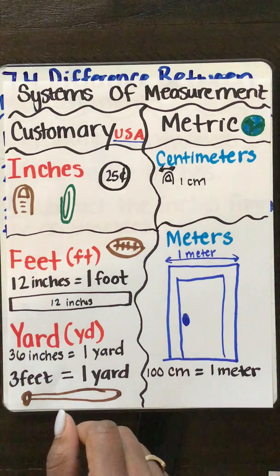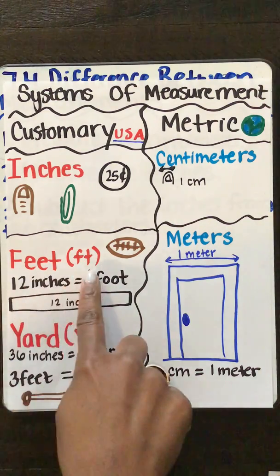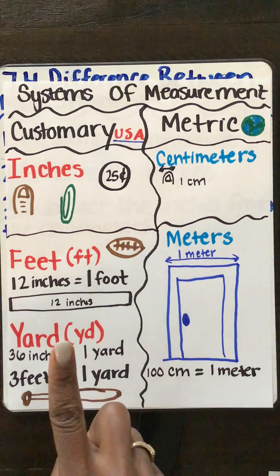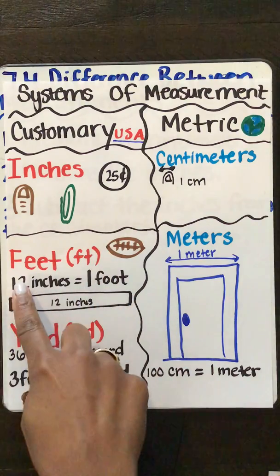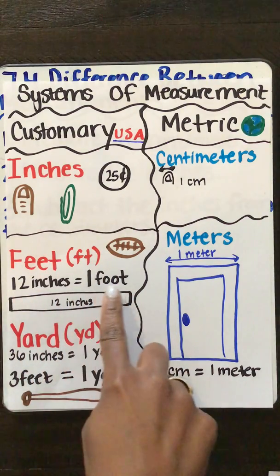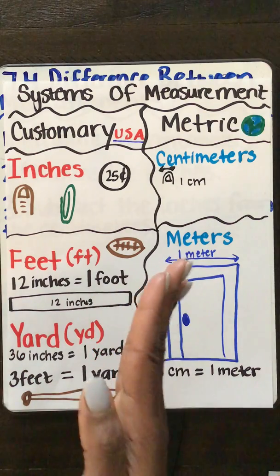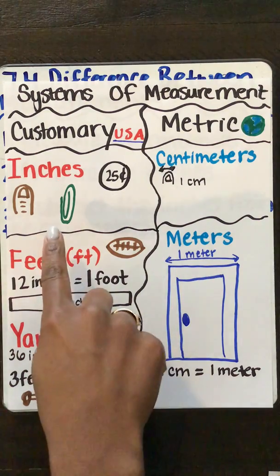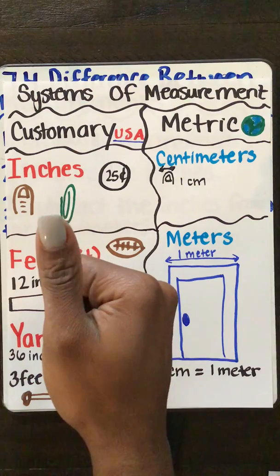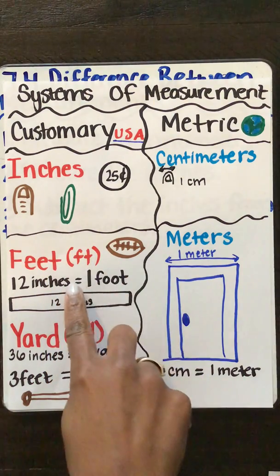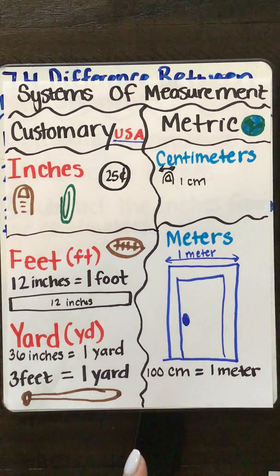The next customary unit of measurement is feet. Now, 1 foot is about the length of a football, and there are 12 inches in 1 foot. So think about having about 12 of your thumbs all lined up together. That equals what?